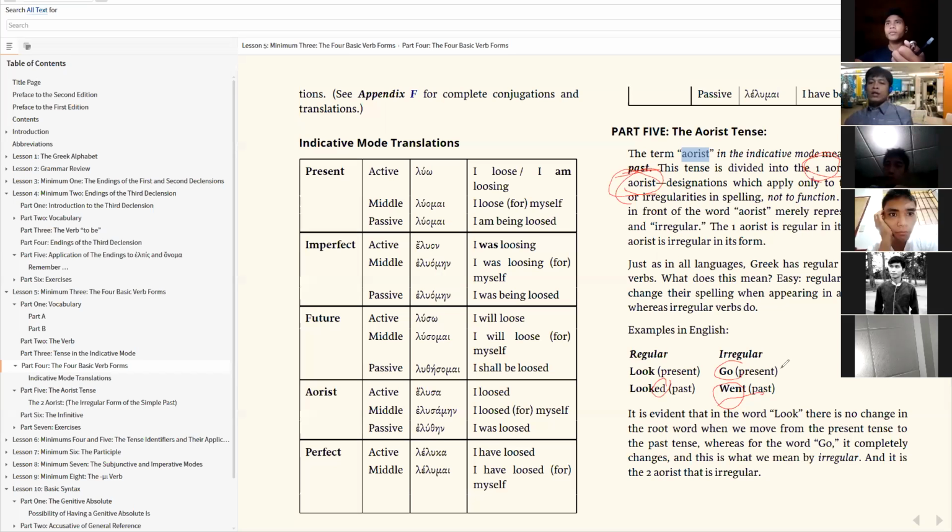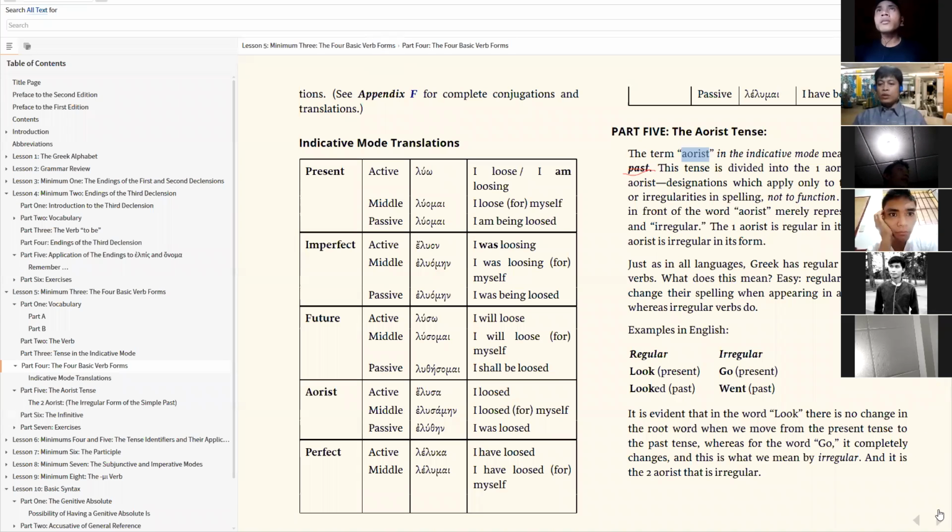That's the irregular form. So in Greek, you also have the two kinds of aorist, the irregular form and the regular form. The regular form is first aorist, the irregular form is the second aorist. But it doesn't matter whether it's irregular or regular, it's still what? The aorist is still simple past, right?